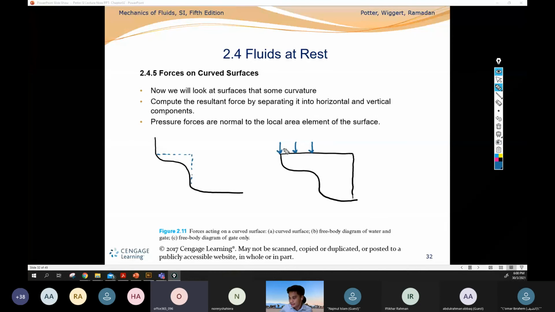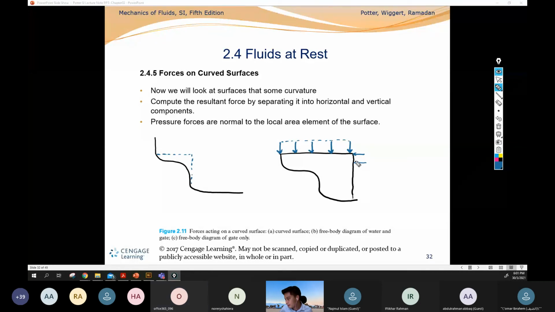Okay, this is vertical force, alright? So this is horizontal. This is vertical. Can you see? Yes, sir. Actually this is horizontal force, and this is vertical because it is acting on the vertical plane.